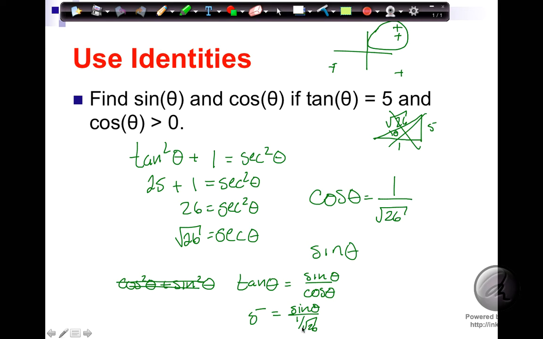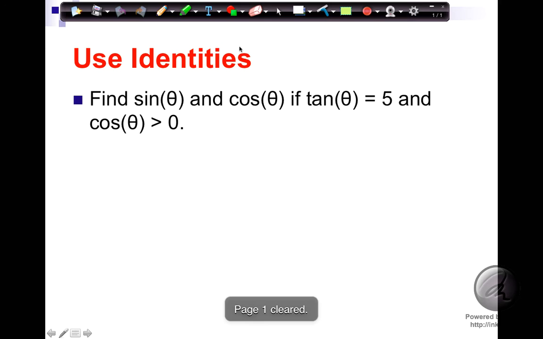And if we multiply both sides by that denominator, we get that sine of theta is 5 over radical 26. 5 times this fraction of 1 over radical 26 is 5 over radical 26. Okay? That gives us these two answers, and yes, that is what we get with the triangle, but sometimes triangles don't really work. This particular case, it obviously would have.